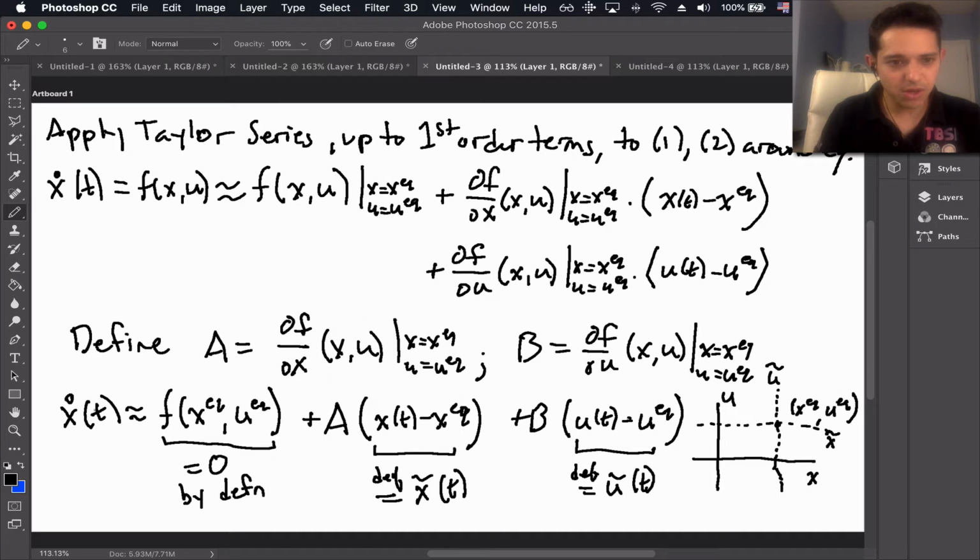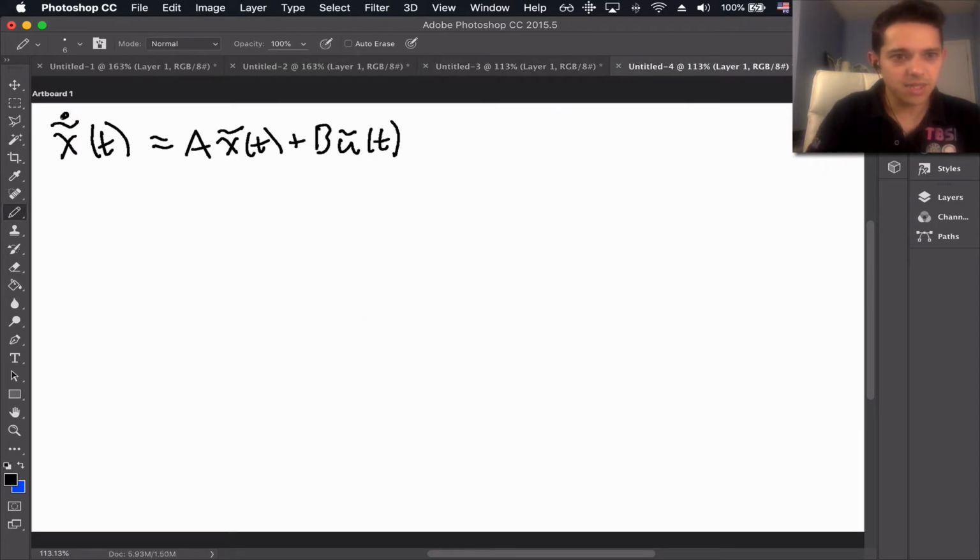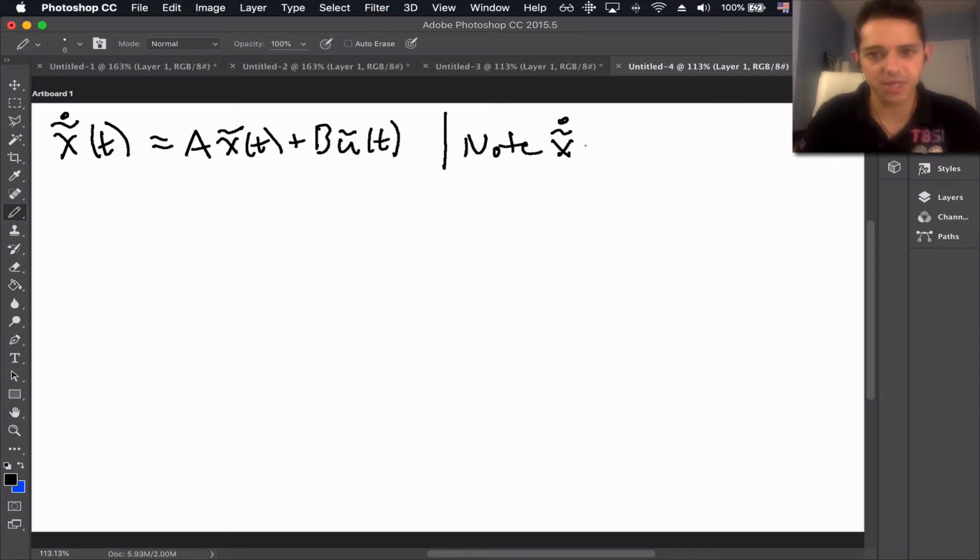Now, note on the left-hand side we had x dot. What I did here is I wrote x tilde dot. Well, note that they are one and the same, because if I look at the derivative of x tilde, that is by definition of x tilde going to be equal to x dot minus xeq dot.